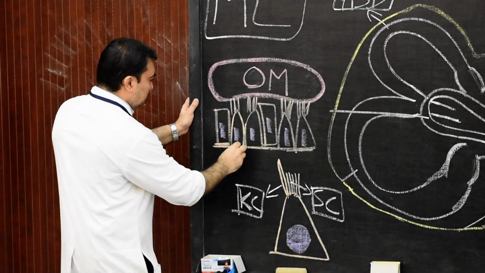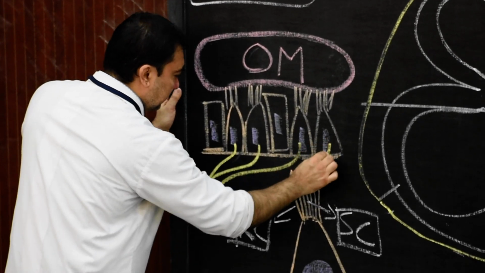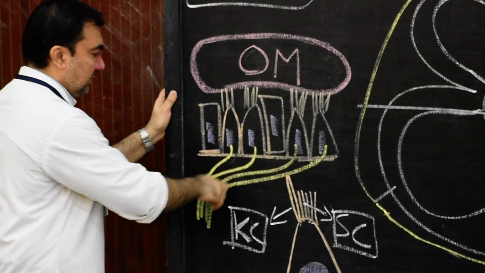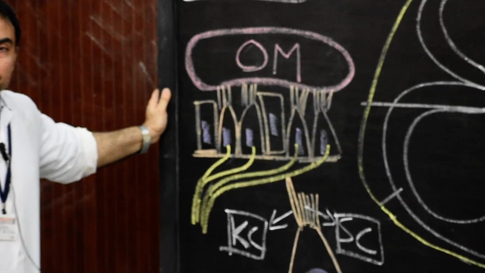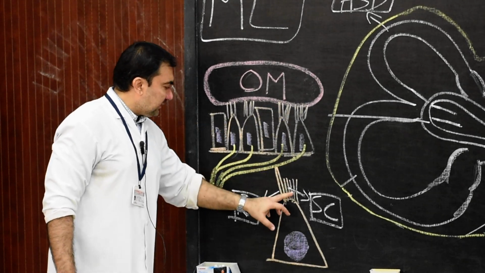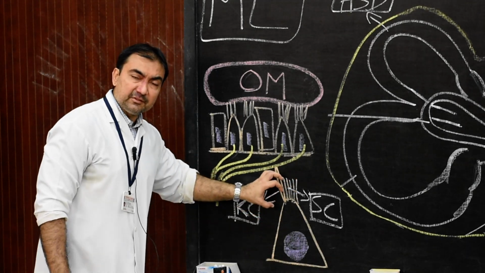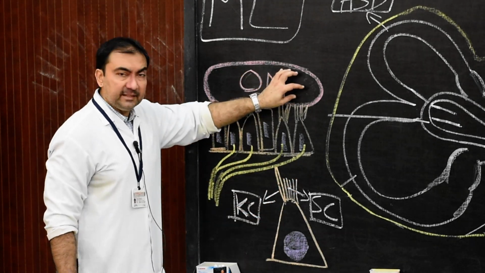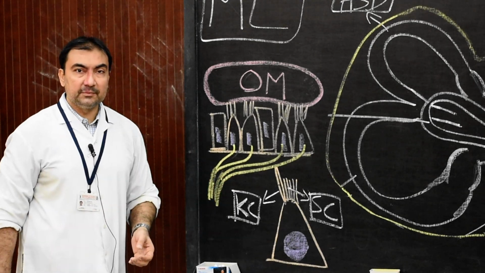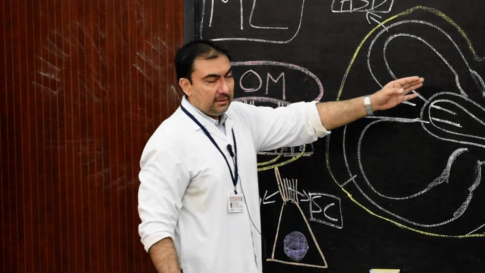Here, these hair cells will be collected by vestibular nerve fibers. So this will form the vestibular nerve. Therefore, these hair cells with apical stereocilia and kinocilium, the movement of stereocilia and kinocilium along with the otolithic membrane, will be received by the vestibular nerve fibers. This is the structure of the macula present in the saccule and utricle.